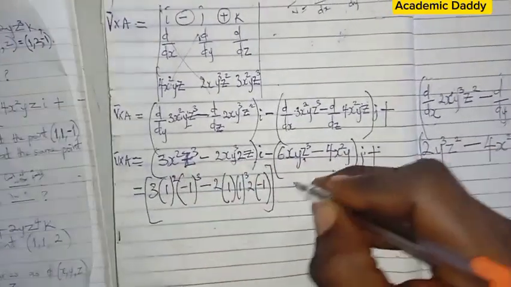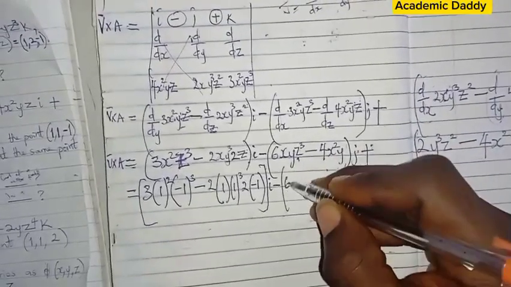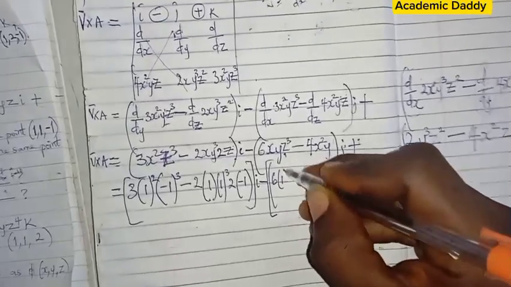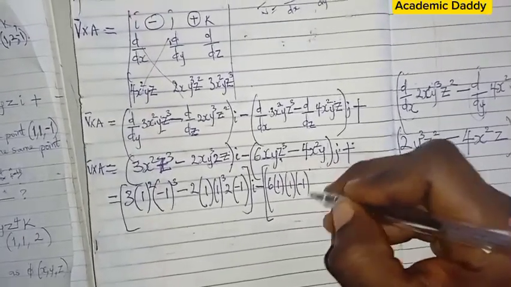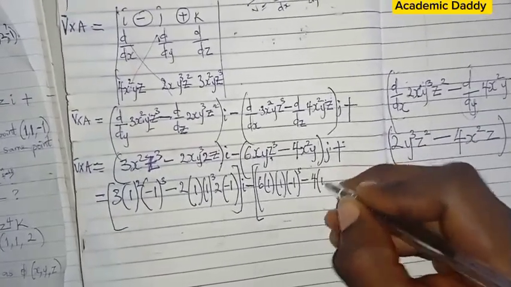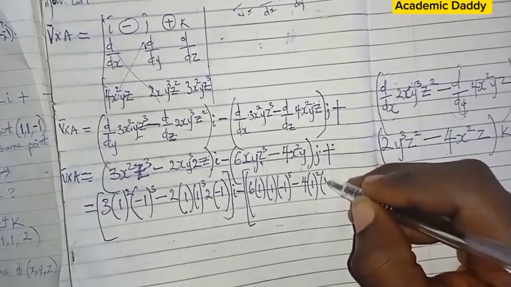Everything i, then minus 6. x is 1, y is 1, z is minus 1. Then minus 4, x is 1, y is 1.